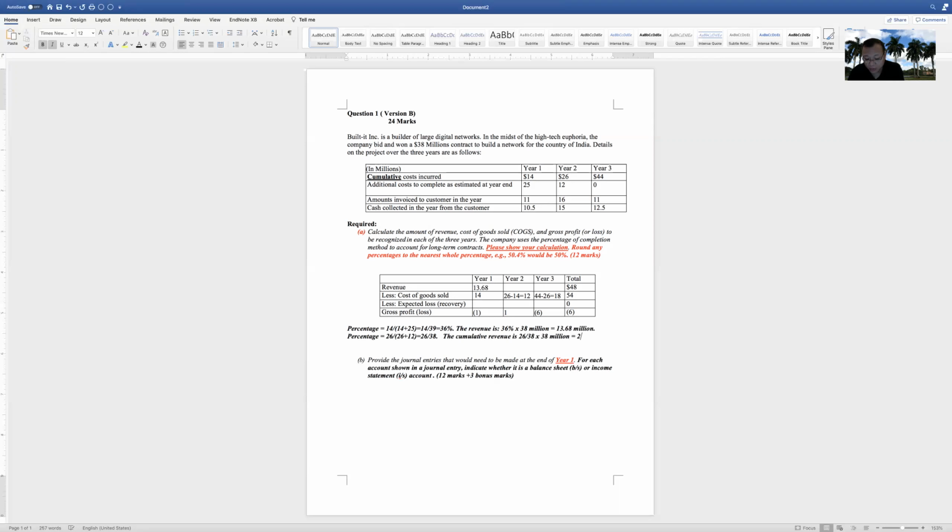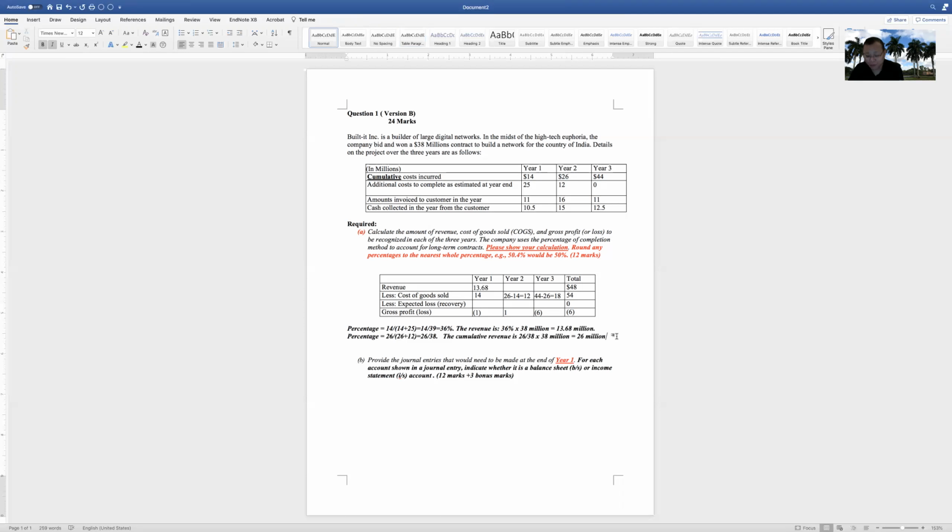So that's going to be 26 million, right? Because at this point, your total cost equals total revenue, okay? So then your total revenue recognized up to date should equal the cumulative total cost, okay, 26 million.